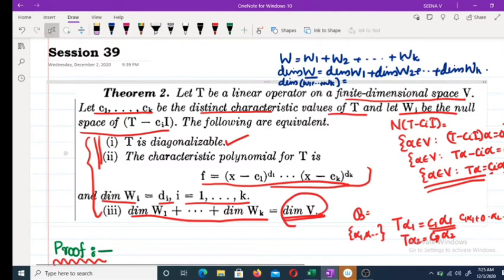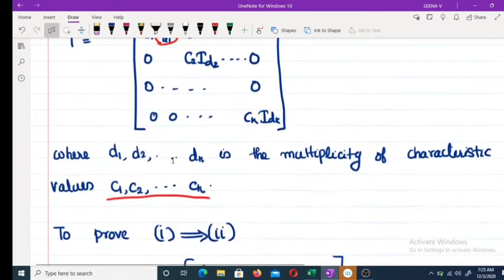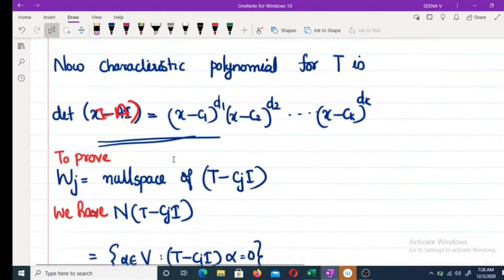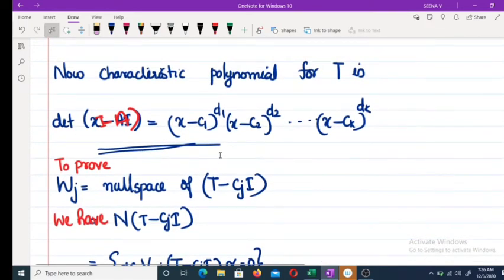Okay. One more thing is there. We have to prove this di is the same as the dimension of Wi. Okay. Now, we have to prove the dimension of Wi equals di. What is the dimension of Wi?